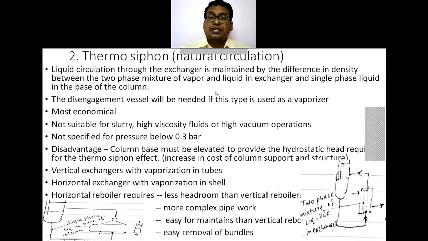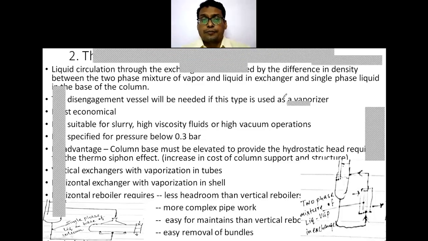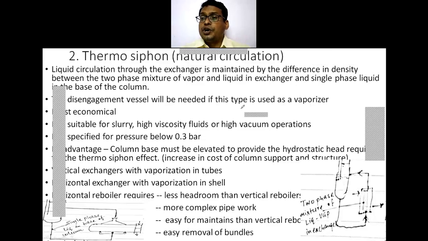Then the next is a thermosiphon reboiler or a natural circulation reboiler. In this case, the fluid which is moving into the heat exchanger and back into the distillation column is flowing without the pump. So pump is not used in this case.